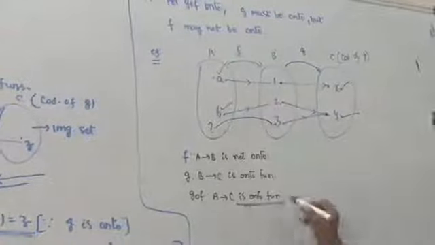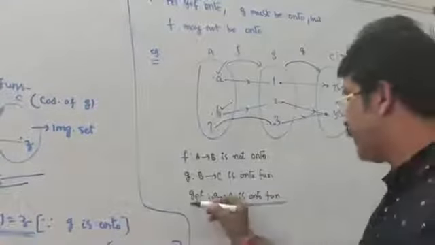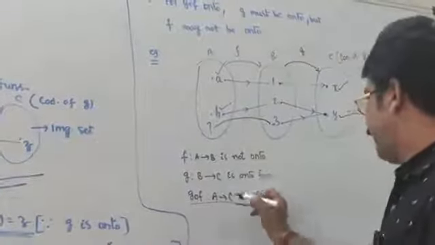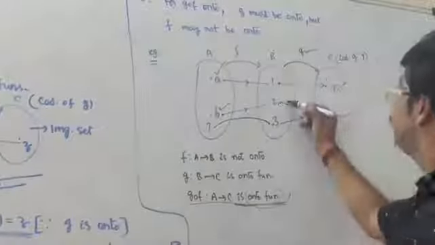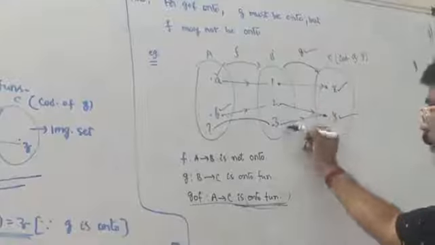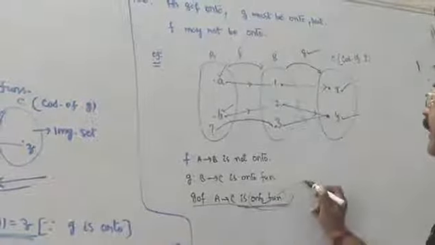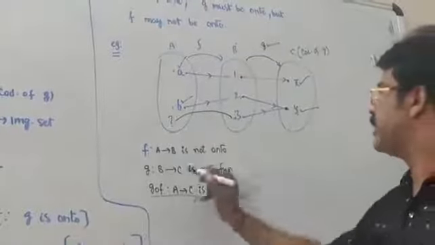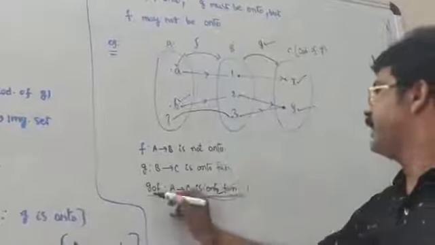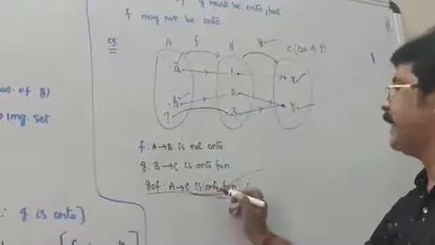Therefore, clearly it is onto. So for g circle f to be an onto function, g must be onto. If g is not onto, we cannot write like that. Therefore, f may or may not be onto, but g must be onto. Then only g circle f from A to C is onto.